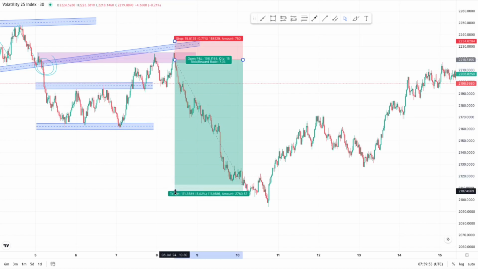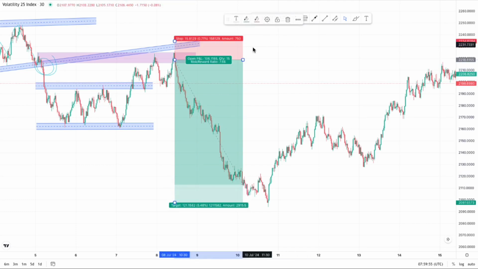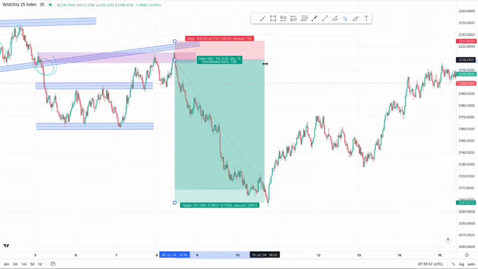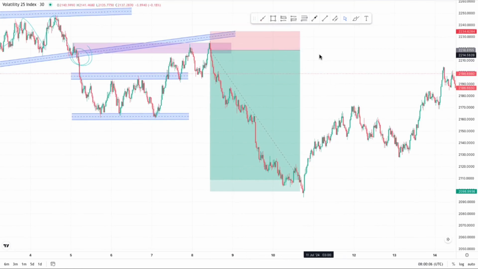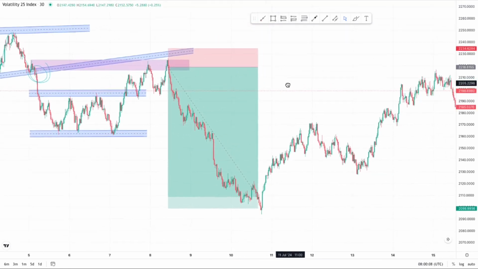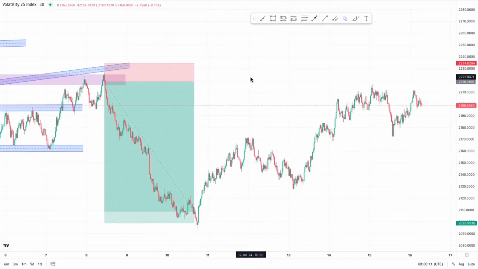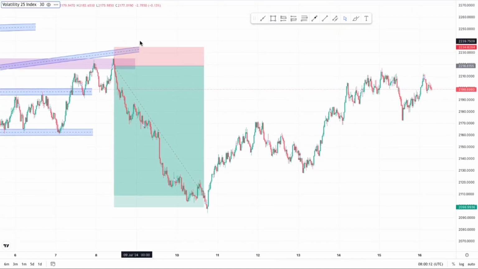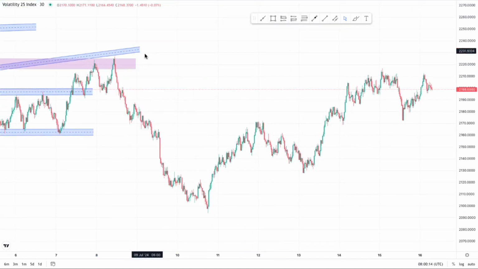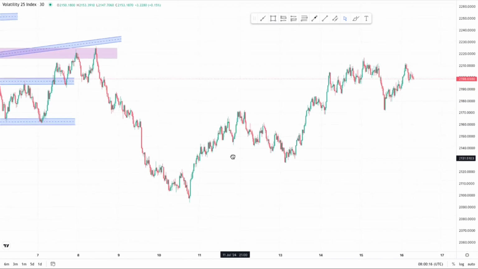Or if you waited for the reversal here, you would make a 1:7.5, which means risking $10, you would get somewhere around $75. You risk $100, you would get $750. Okay, so this is the application of support and resistance in forex trading.